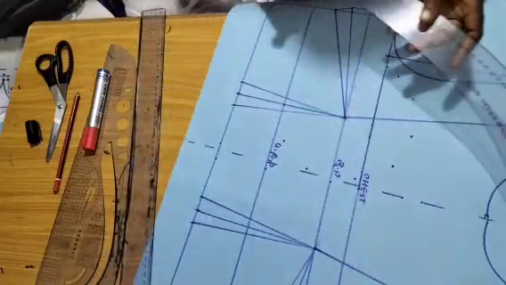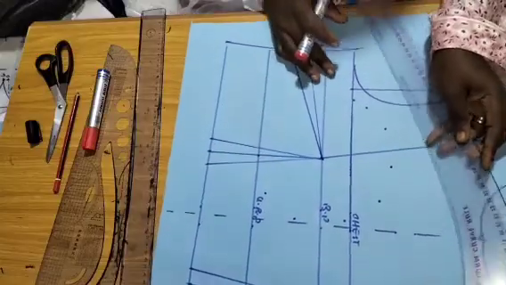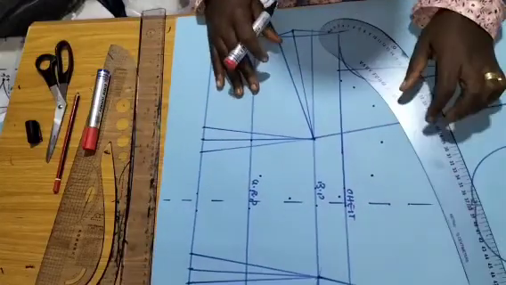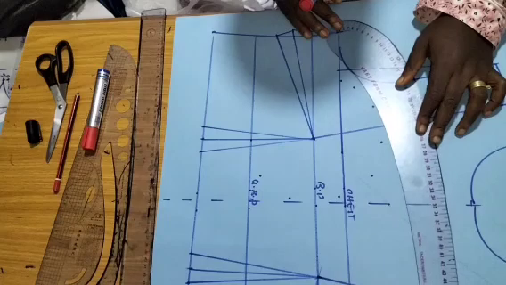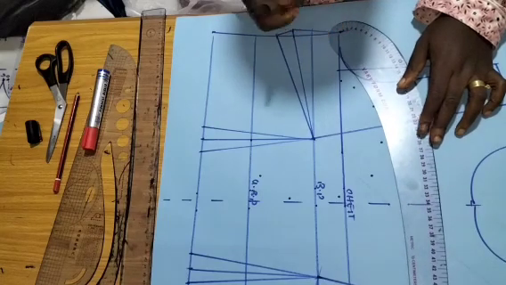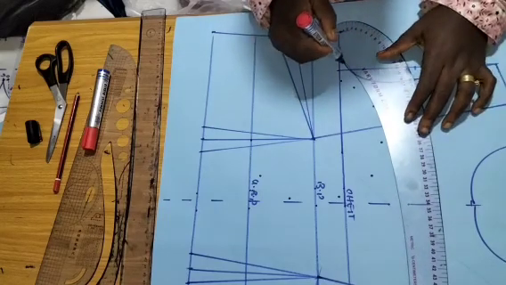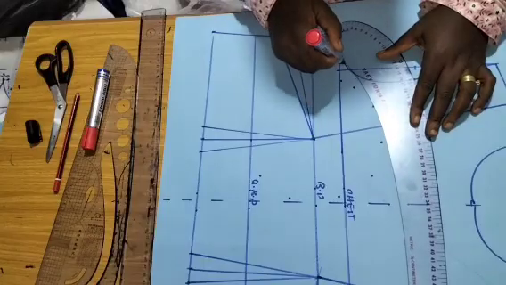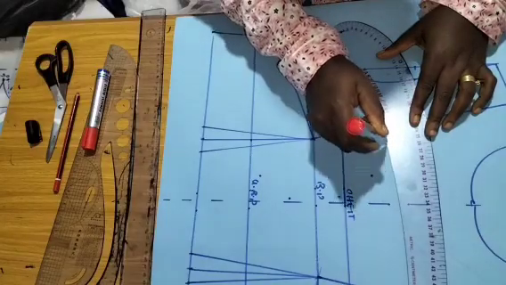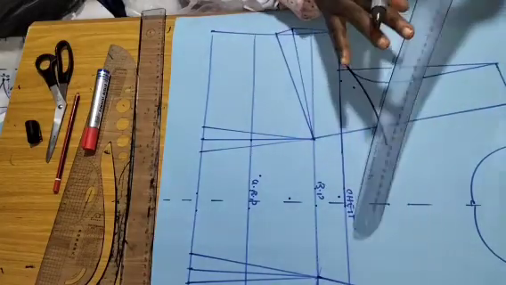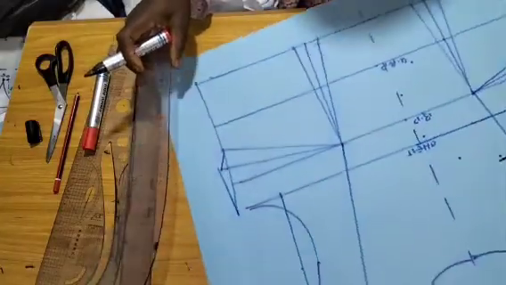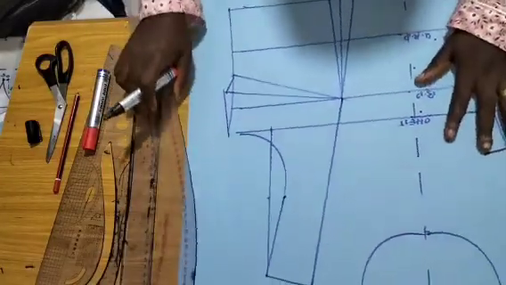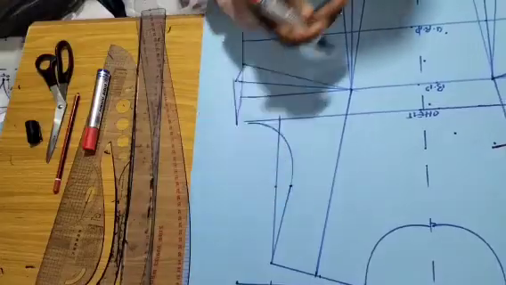To work on this bustier, I'm going to come this way. I want my bustier to run into the armhole, so following this curve this way. Because it's asymmetric, I've created from this point, and this is my mid armhole.